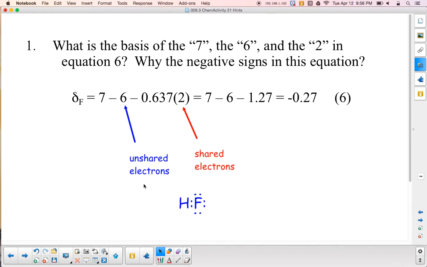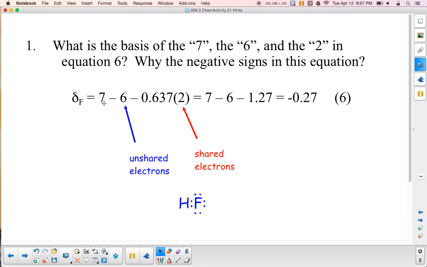Fluoride is going to get credit for 6 electrons 100% of the time because these 6 electrons belong only to the fluorine atom, and these shared electrons in between the hydrogen and the fluorine end up with the fluorine 63.7% of the time, so fluorine is going to get credit for 63.7% of the 2 shared electrons, or the equivalent of 1.27 electrons. The last of the numbers we have to worry about is the 7.